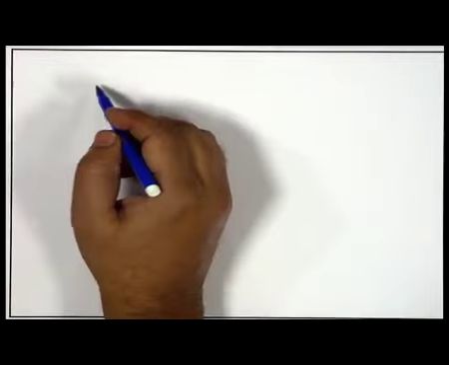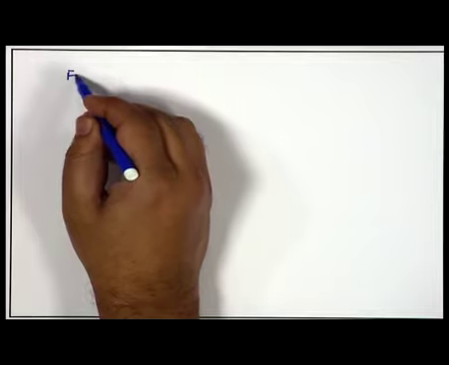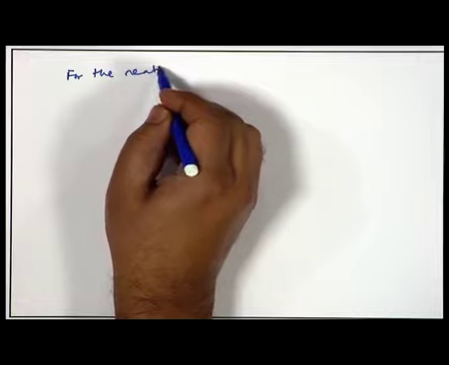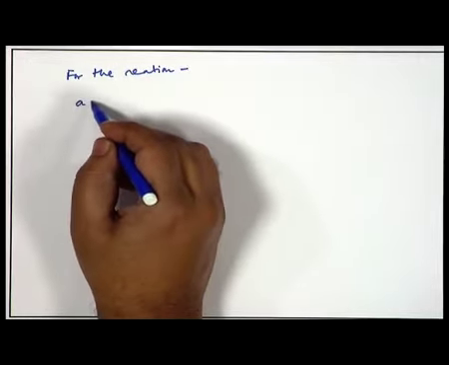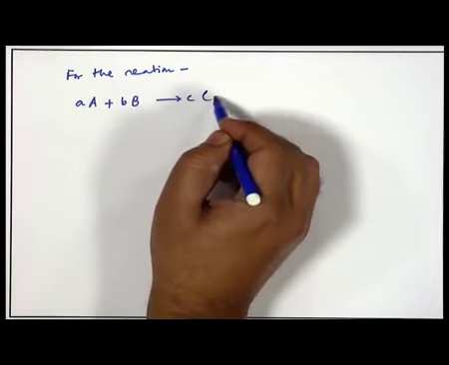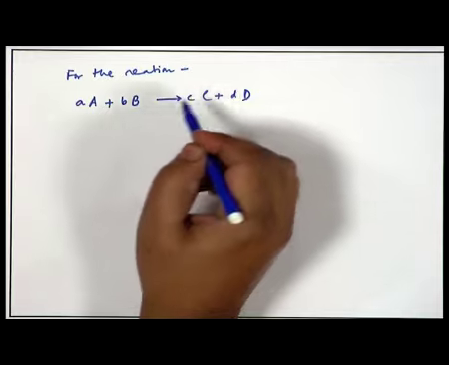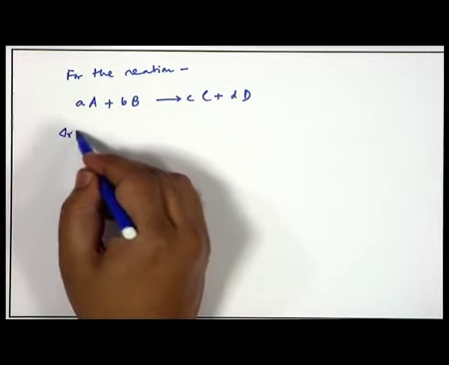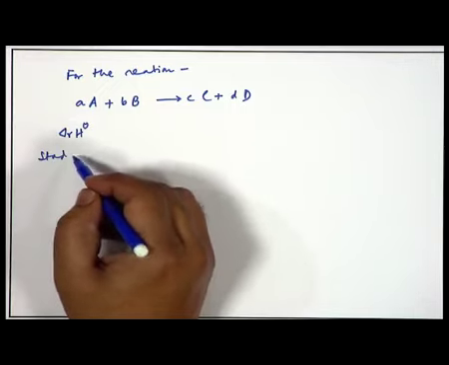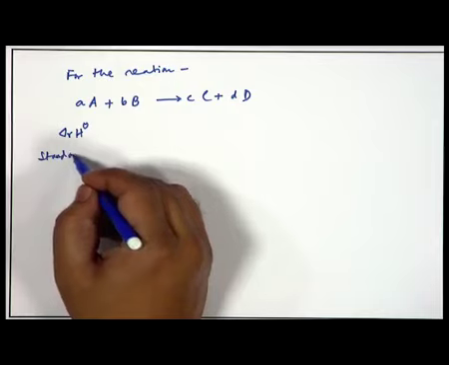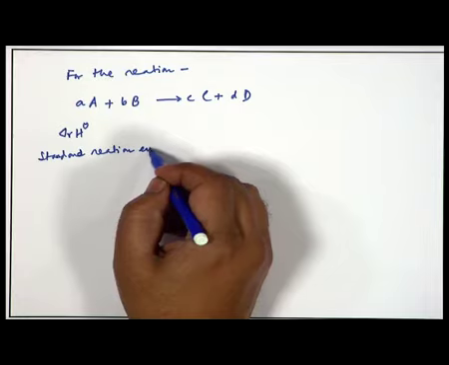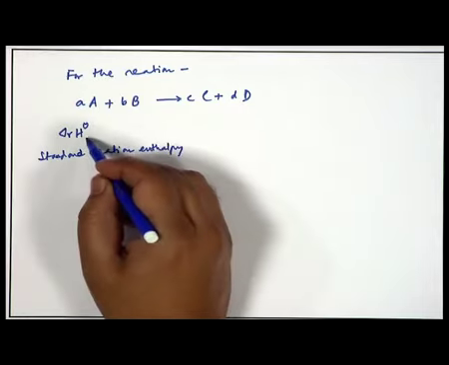So, for the following reaction, A plus B to C plus D, we can write the standard reaction enthalpy. Now, you have to mention a temperature.